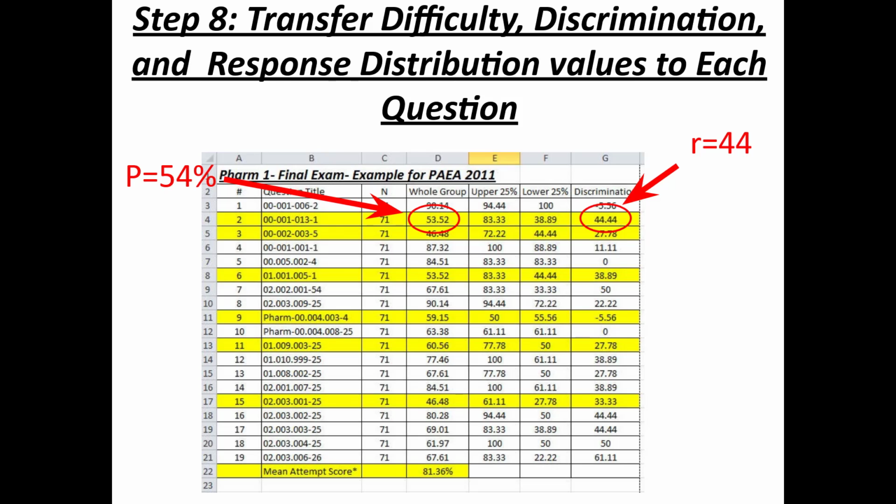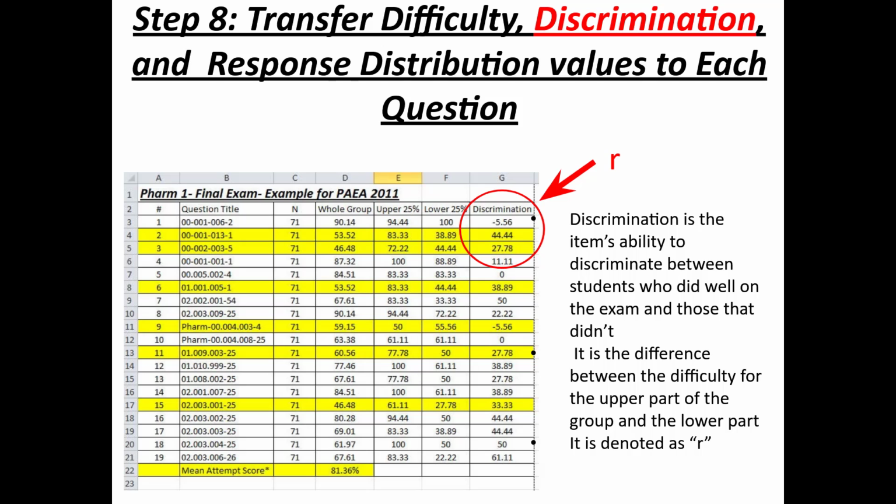This shows the test name, Farm 1 final exam, and each question, and the highlighted ones are the ones I marked as possibly too difficult. I'll show you where the response distribution is in just a second.